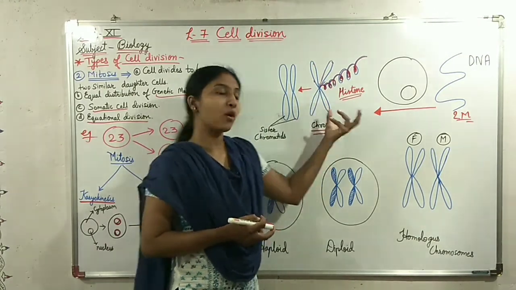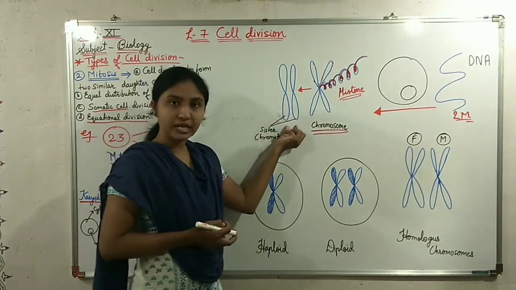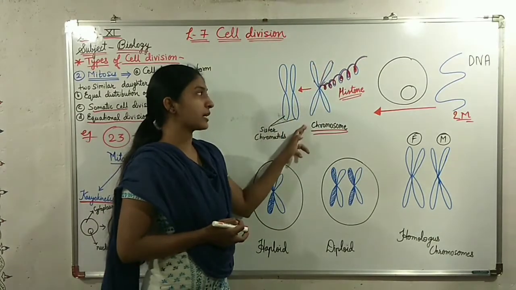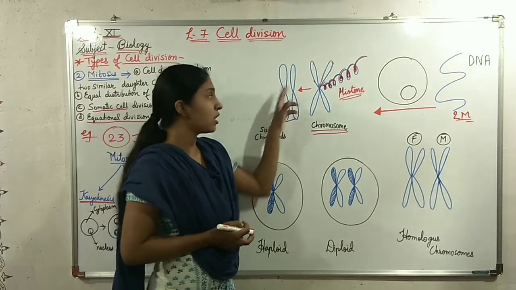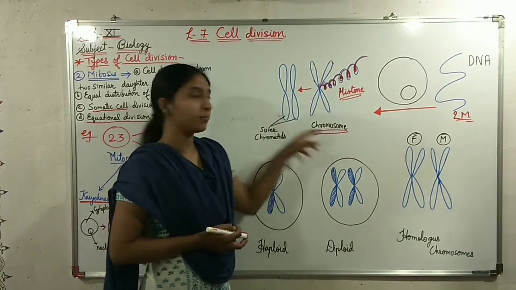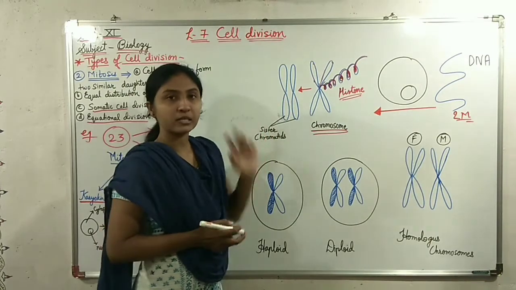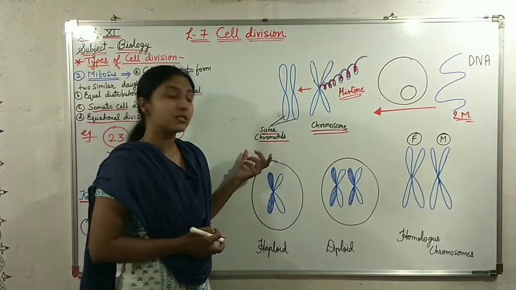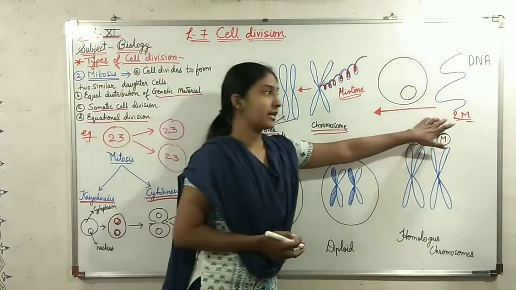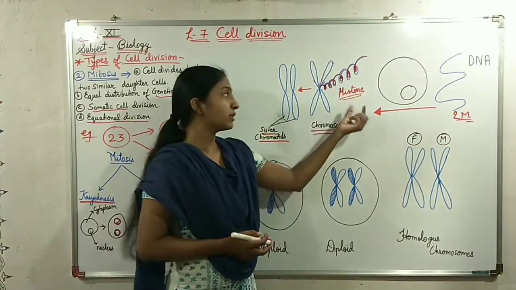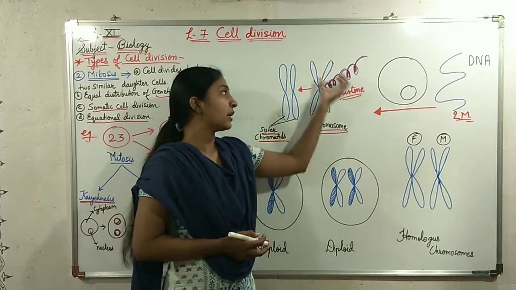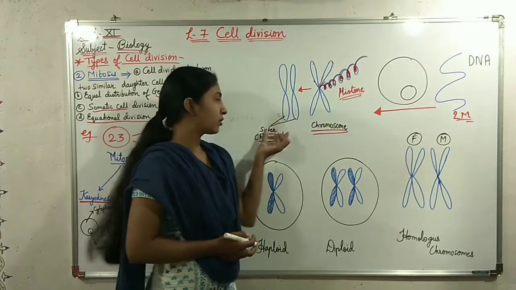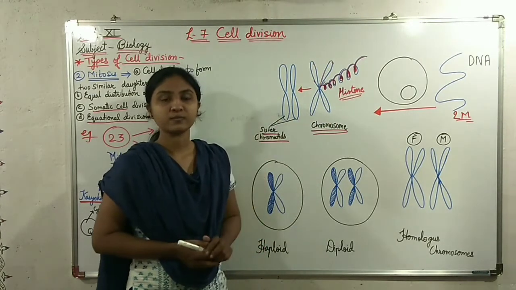It is made up of two structures like this, and these two structures separately are called sister chromatids.